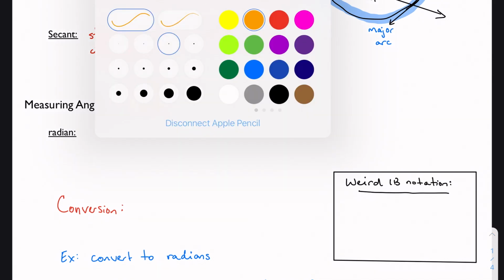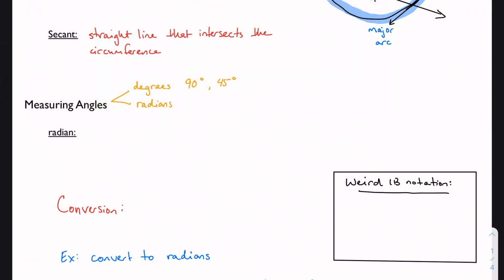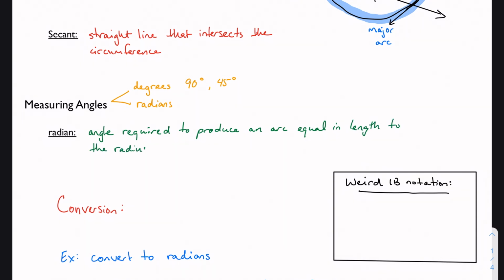And 1 radian is defined as the angle required to produce an arc equal in length to the radius. So this is the formal definition.